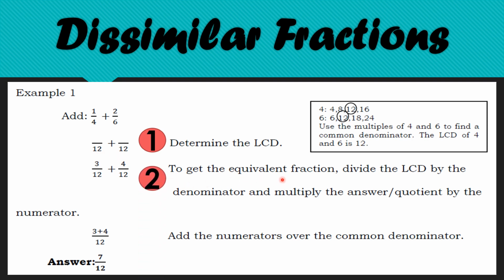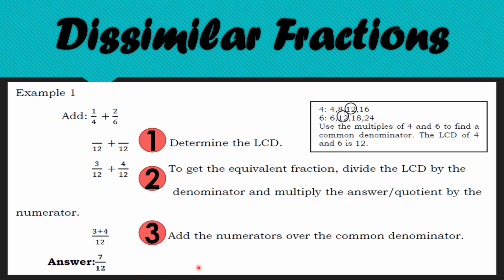To get the equivalent fraction, divide the LCD by the denominator and multiply the answer or quotient by the numerator. 12 divided by 4 is equal to 3 times 1 is equal to 3. 12 divided by 6 is equal to 2 times 2 is equal to 4.